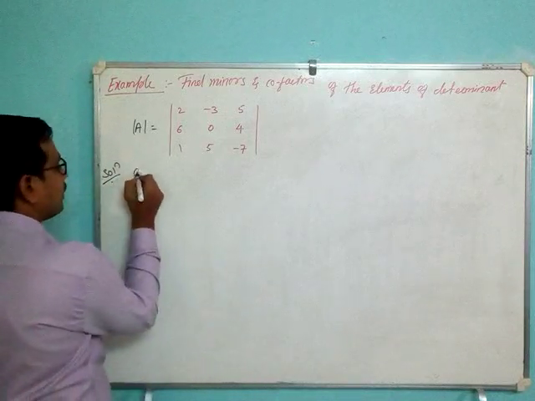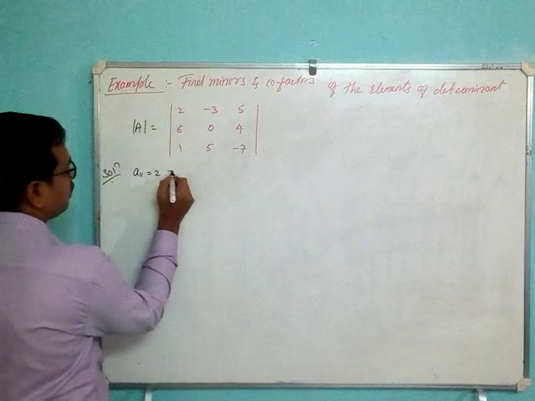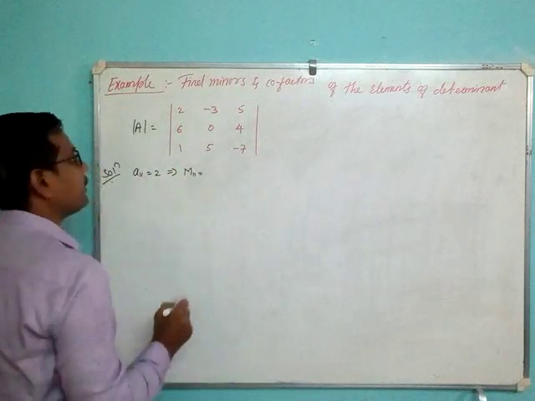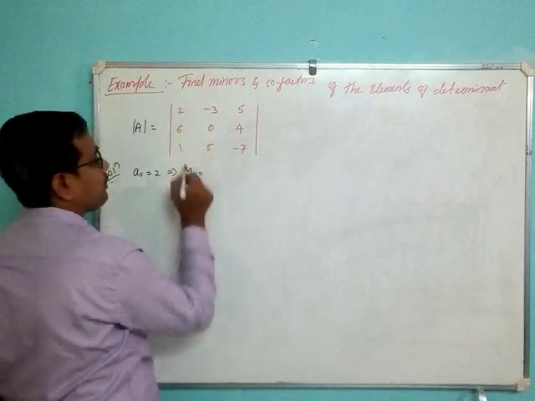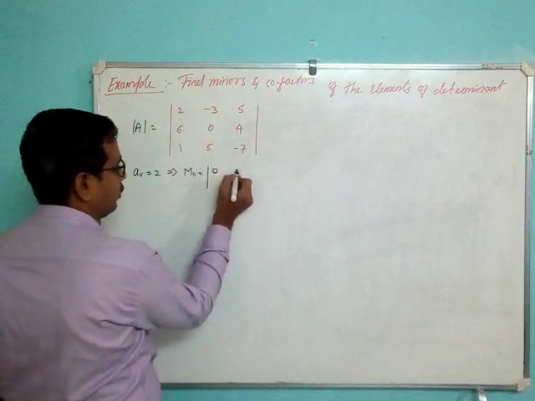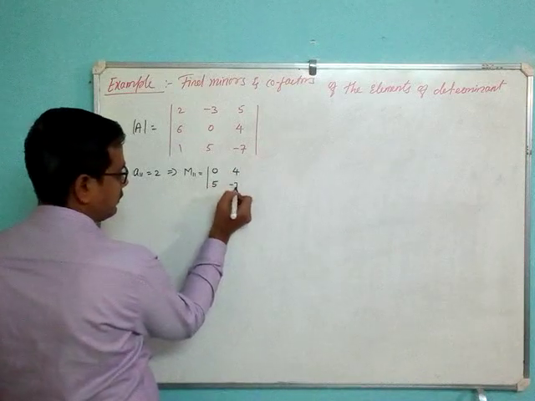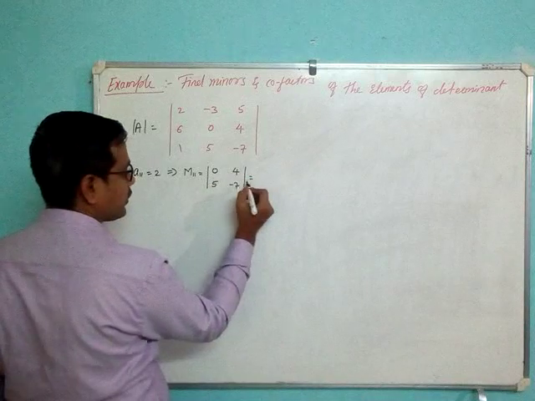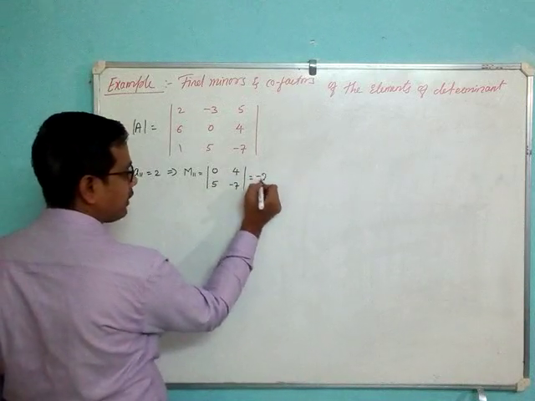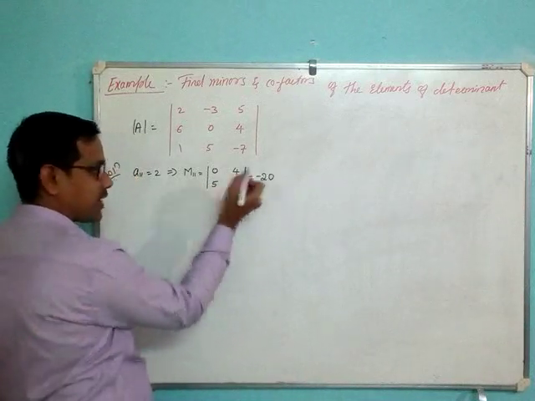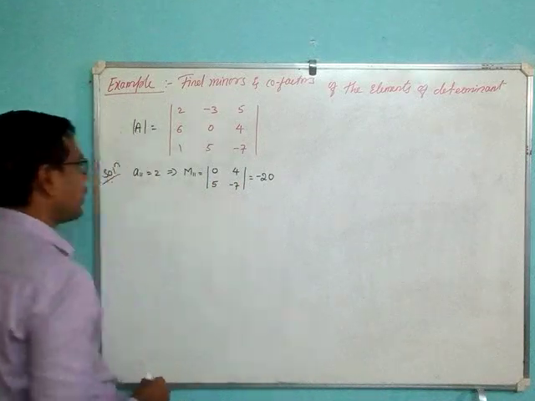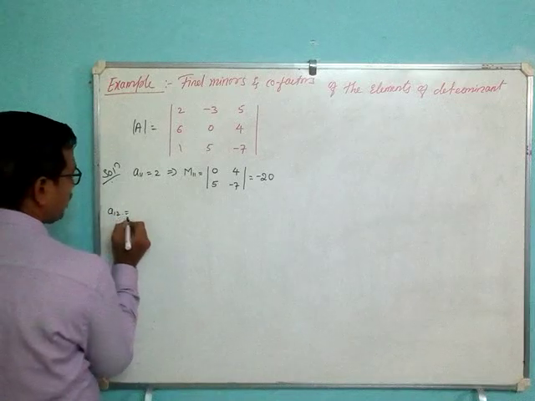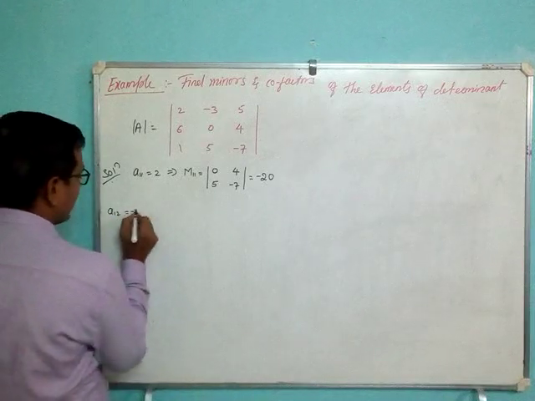Here A11 is equal to 2. M11 will be: 2 is there in first row and first column, neglect that. 0, 4, 5, minus 7. So this will be 0 into minus 7 is 0, 5 into 4 is 20. So 0 minus 20 is minus 20. Alright. A12 is minus 3.